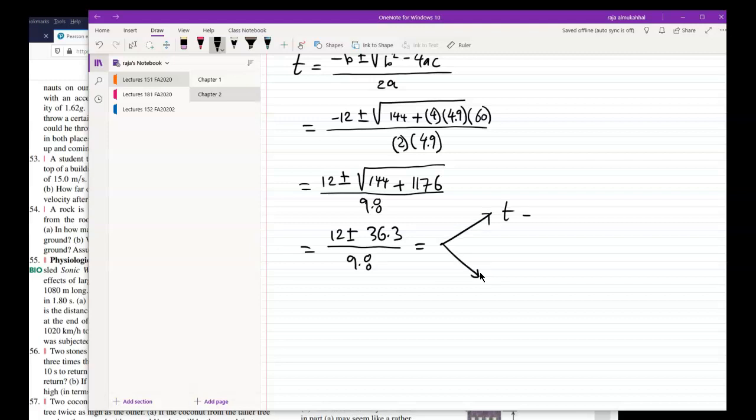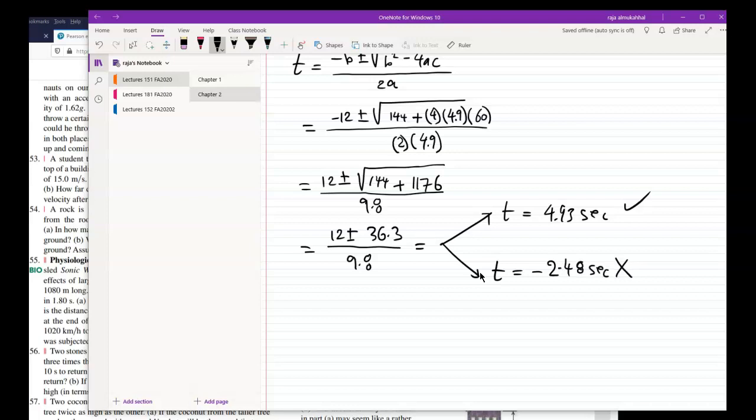The first one is time equals, take the positive one. So that's going to be 12 plus 36.3 divided by 9.8, answer 4.93 seconds. This is a legitimate answer. It's a positive time. Let's take the other one, and that will be negative, right? 12 minus 36.3 divided by 9.8, and that's going to be negative 2.48 seconds, but of course that's wrong.